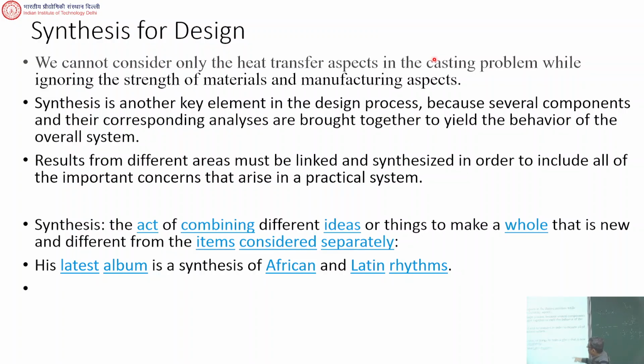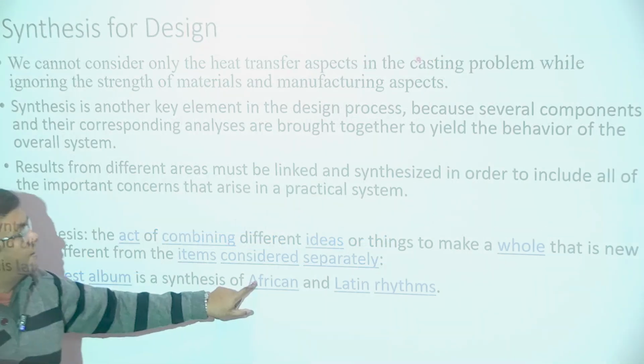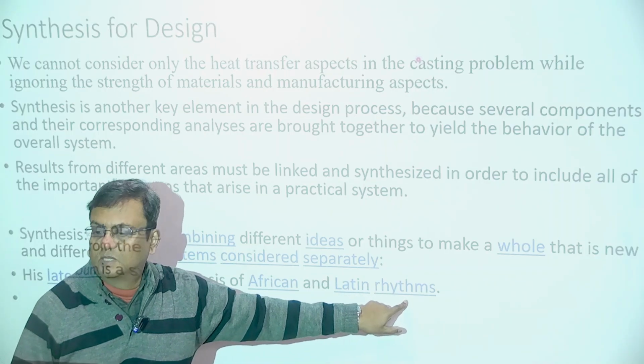Now, I just got this definition of synthesis from the Cambridge Dictionary. If you go to dictionary.cambridge.org, you can get this definition. So synthesis is the act of combining different things, different ideas. For example, there's a musician who makes an album. This example is also from the dictionary website. This album is a synthesis of African and Latin rhythms.